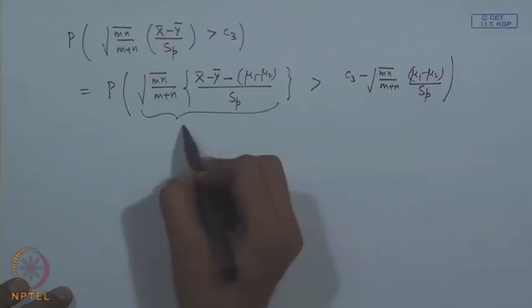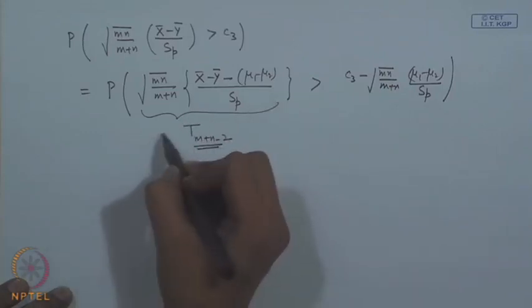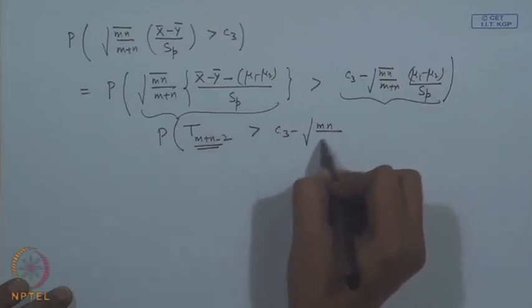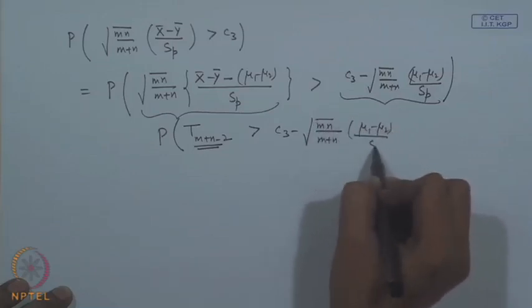Now, this is a t distribution on m plus n minus 2 degrees of freedom. So, we are saying the probability of a t variable on this is bigger than c 3 minus root mn by m plus n times mu 1 minus mu 2 by s p.